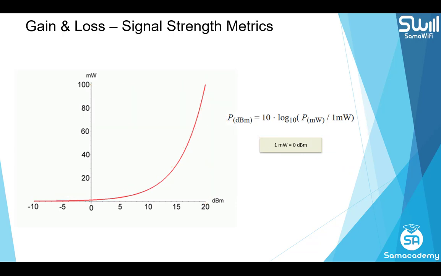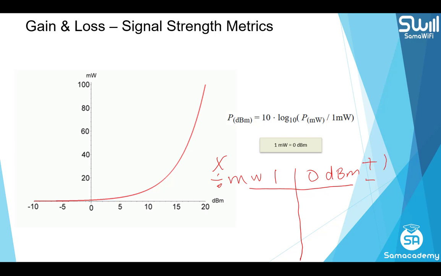The faster way to use this table is to use this as the following template. We have 0, 1, we have here the dBm, we have the milliwatts. So if we have an increase or loss, we have here a multiplying or dividing.